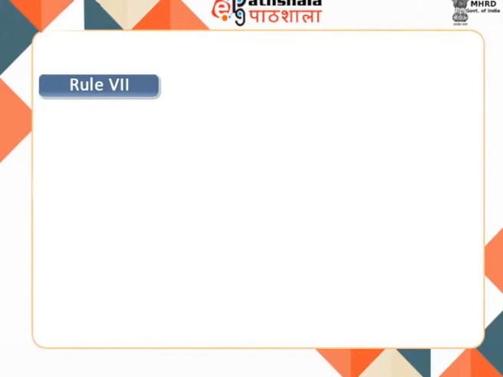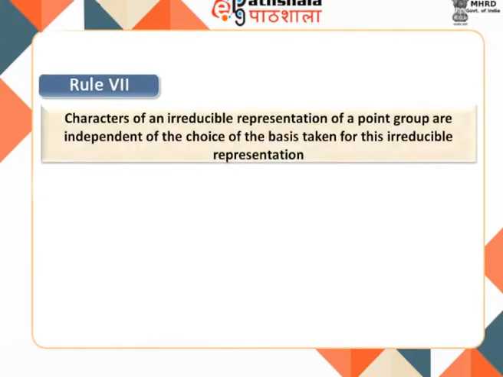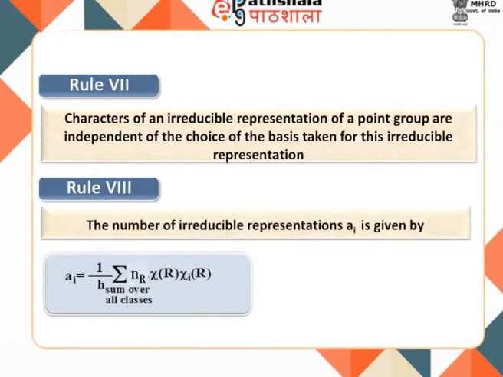The seventh rule is that the characters of an irreducible representation of a point group are independent of the choice of basis taken for this irreducible representation. The eighth rule says that the number of irreducible representations is given by equation 9.